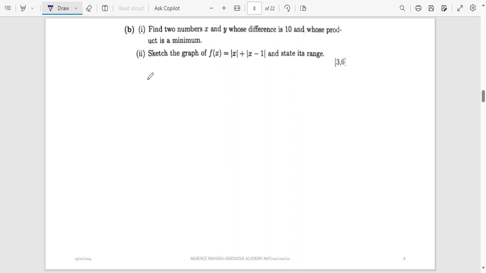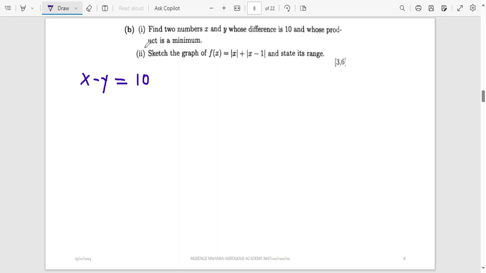Find the numbers x and y whose difference is 10 and whose product is a minimum. Find two numbers x and y whose difference is 10. So I've got two numbers x and y. So x minus y, if you subtract these two numbers, their difference should be 10.